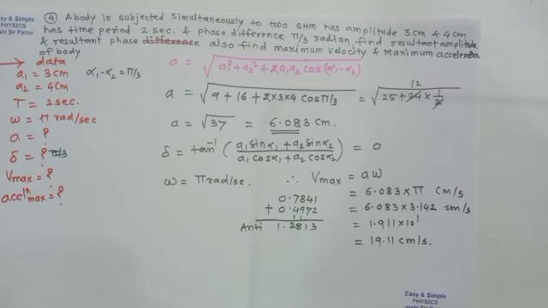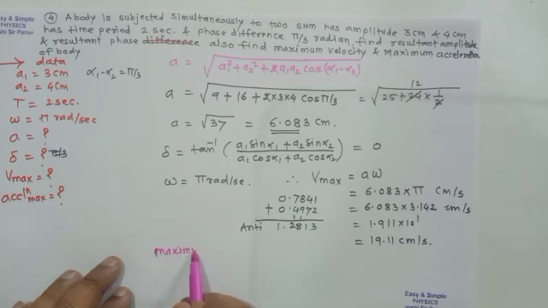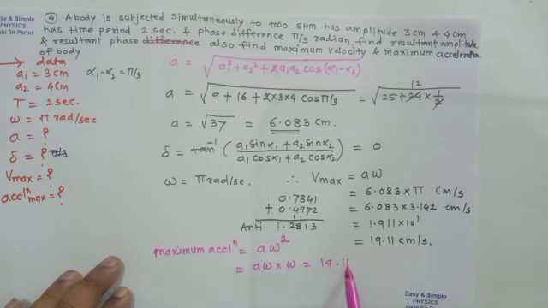We can find out maximum acceleration. It will be a omega square, meaning a omega into omega, which will be 19.11 multiplied by 6.083. If again we solve by using logarithm, the logarithm will be an addition.